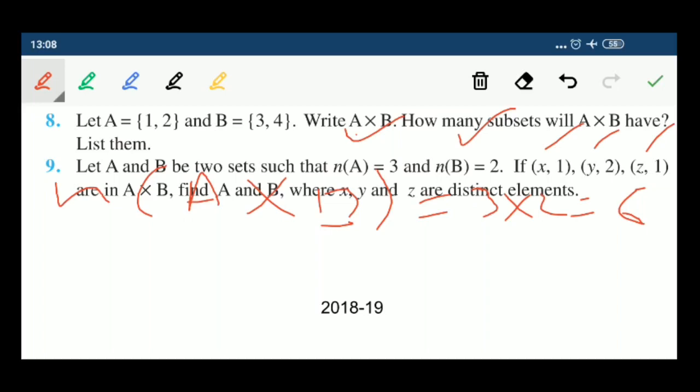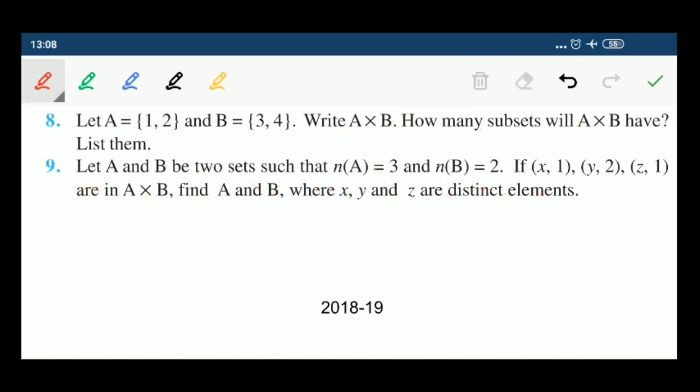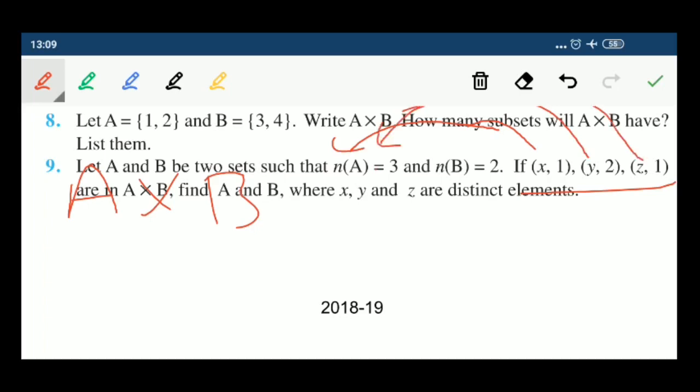And remember, here we know that from here you can see this x belongs to A, and this y also belongs to A, and this z also belongs to A, because A is at the first place.